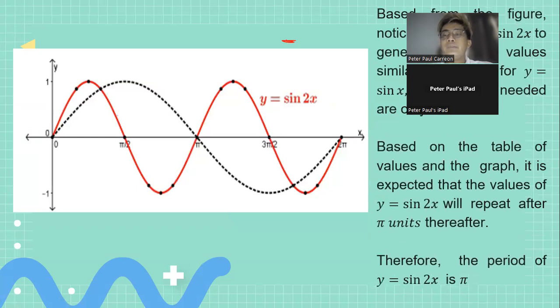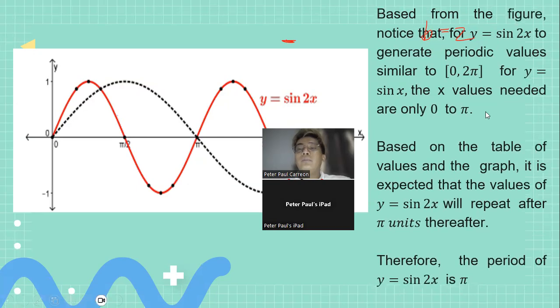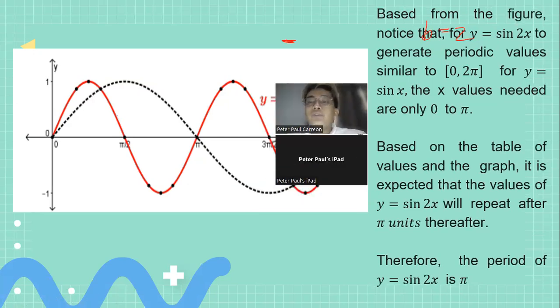So notice na bumaba yung na-generate na periodic values from 0 to 2 pi, naging 0 to pi radians na lang. Naging 180 degrees na lang yung repetitive and cyclic nature niya. So based on the table of values and the graph, it is expected na yung values ng y is equal to sine 2x will repeat after pi units na lang, hindi na siya after 2 pi.